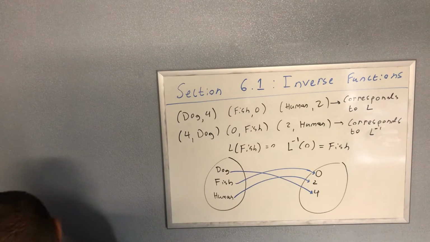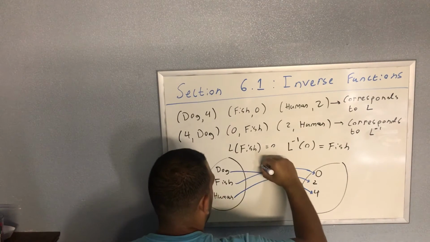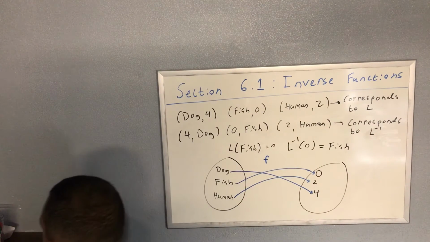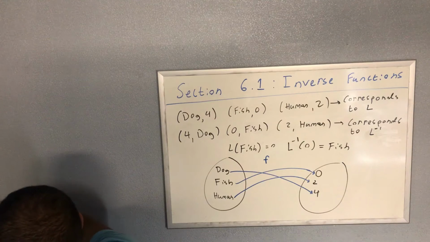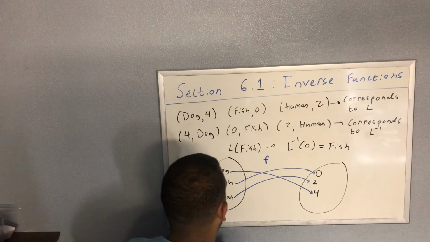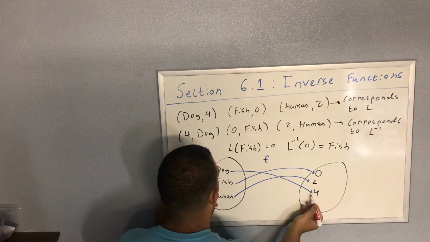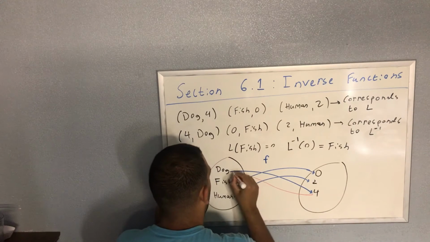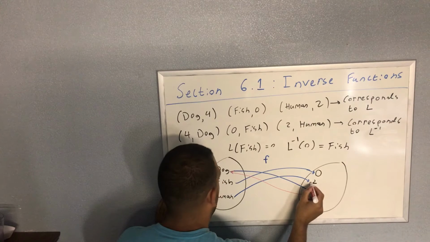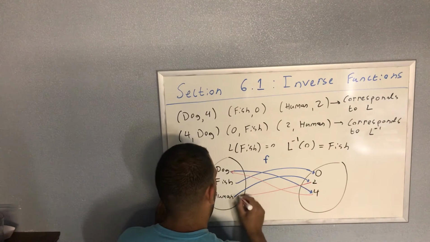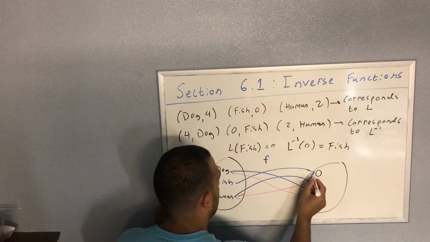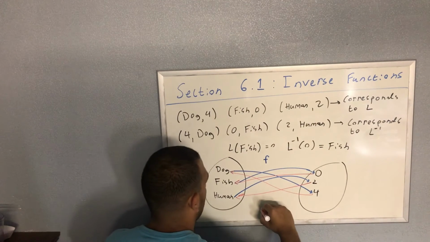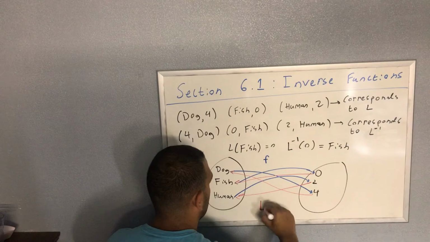So the arrows in blue correspond to f. But now if I draw this backwards, 4 goes to dog, 2 goes to human, and 0 goes to fish. That relationship is given by L inverse, sorry.